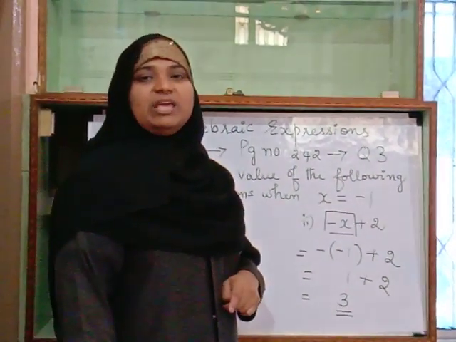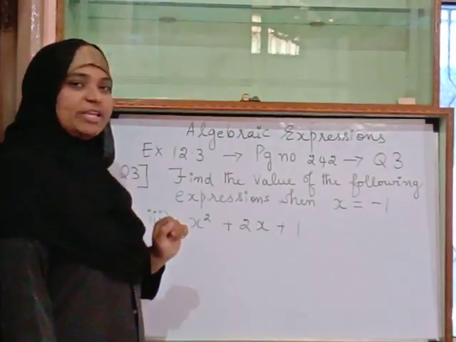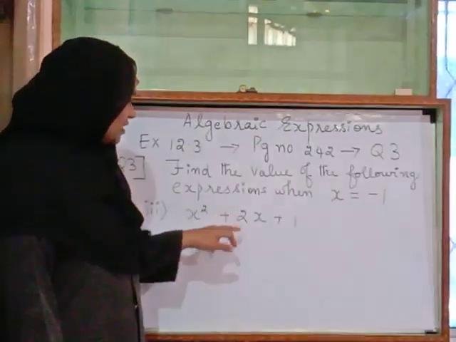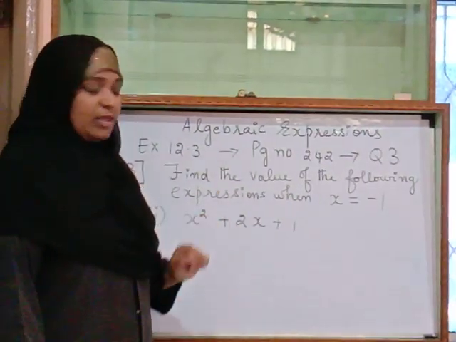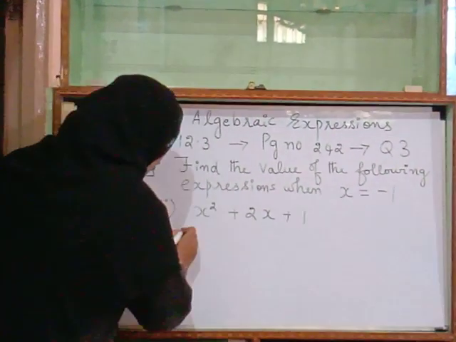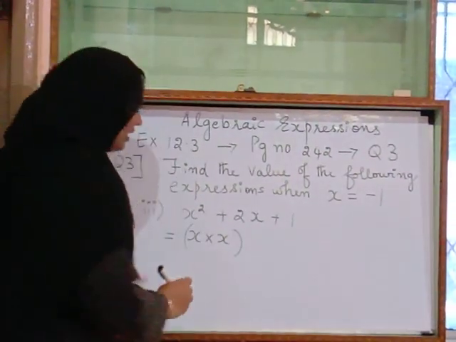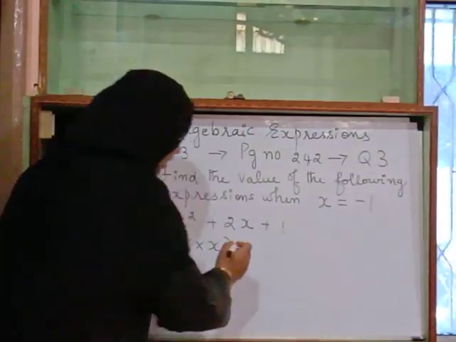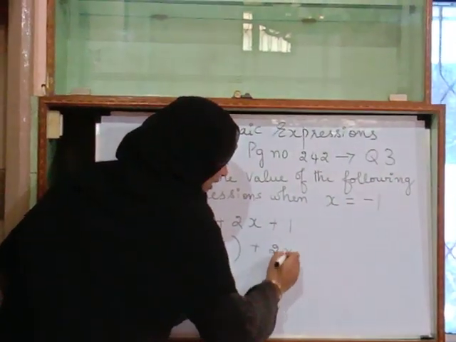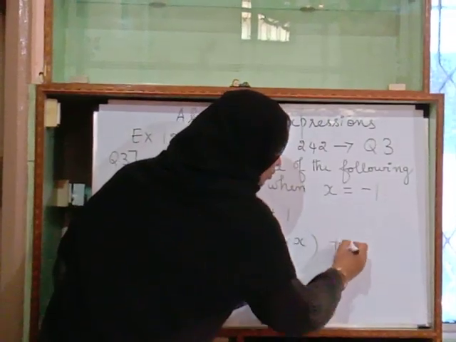Now, we'll move on with the third question. Third question is x square plus 2x plus 1. Now, we know that x square meaning x into x. So, first we will expand and write x square is nothing but x into x, plus 2x is same as 2 into x, plus 1.